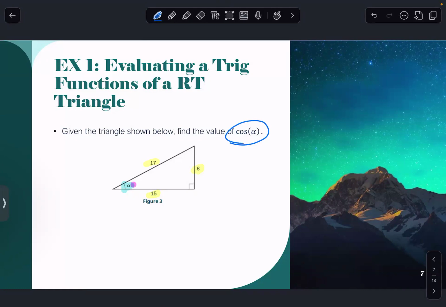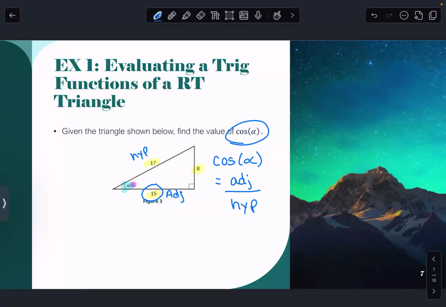Well, I'm using cosine. So remember, cosine of alpha is equal to adjacent over hypotenuse. My adjacent side will be 15, and the hypotenuse is 17.